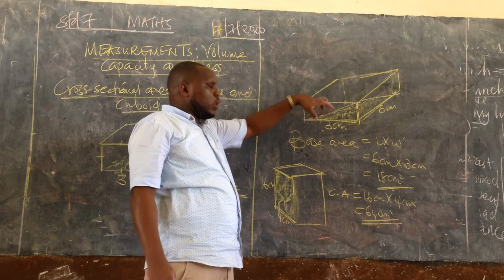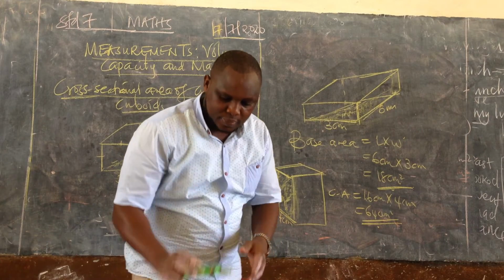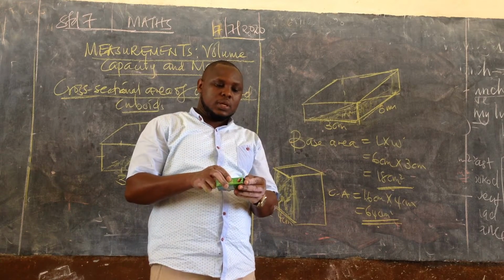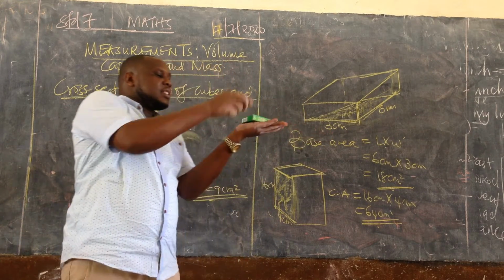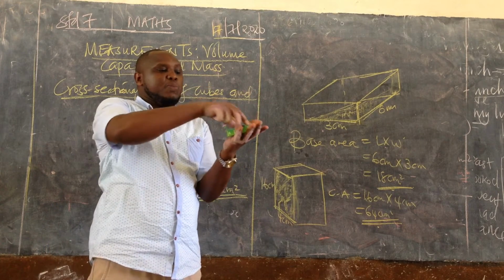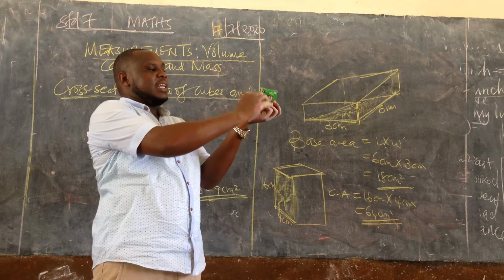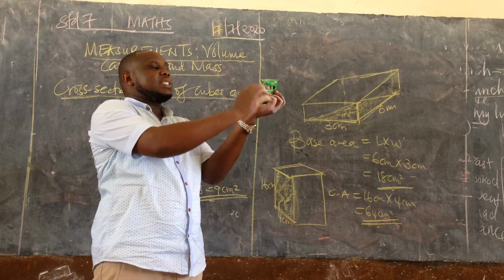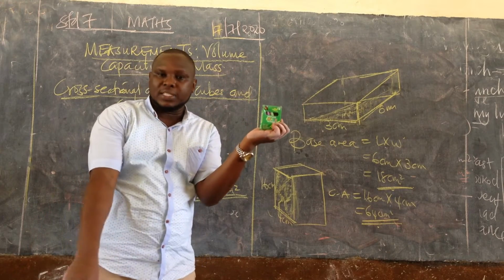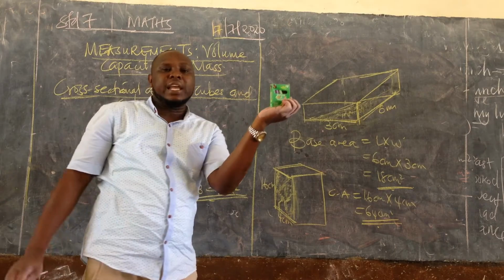So you realize, Lana, there are times that you use base area. Base area is what is lying on the ground, like when you place a box like this. The part that is lying on the ground, we call the base area. But when you put it like this and they give you this part, calculate the area of this part, we cannot call this base area because it's not on the base. It's just on a surface that is identified.